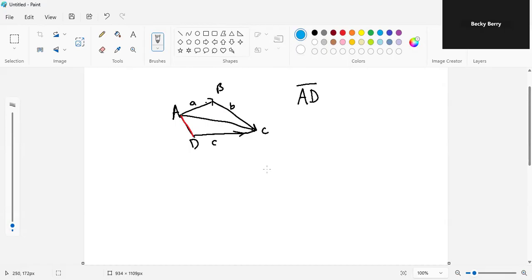So we're going to go along A in the same direction as A, and then B in the same direction as B, and then we're going to go backwards along C. So we added A plus B, but we went backwards along C. Because we went backwards, we're going to use a minus C.